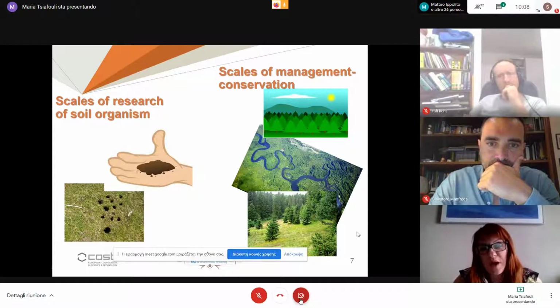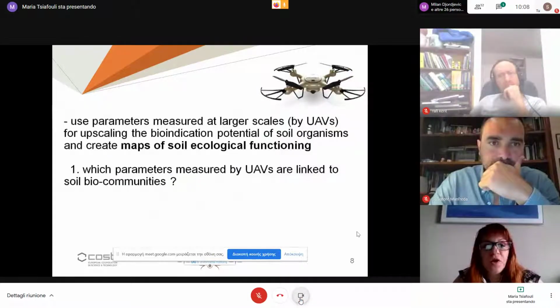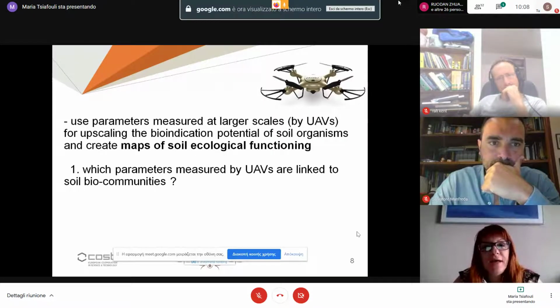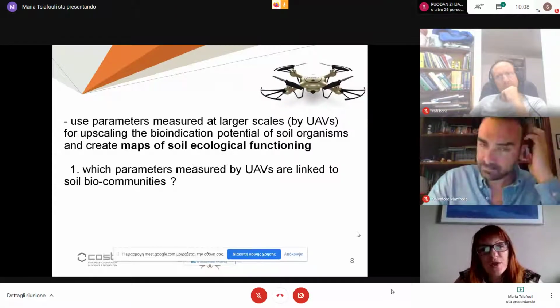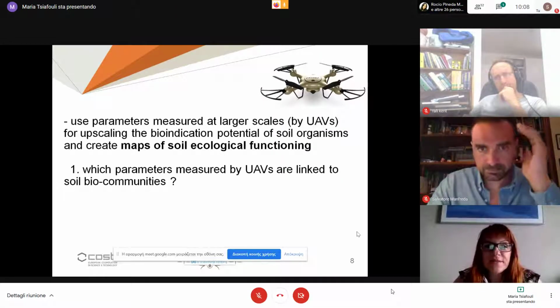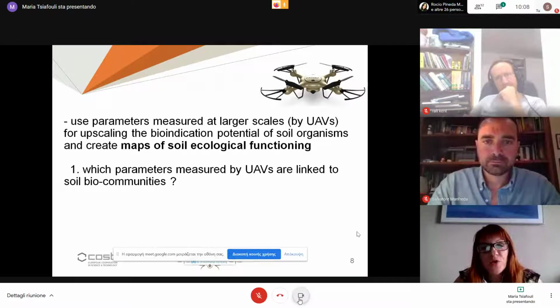And here is where the UAV comes in, because UAVs capture images at a higher scale than soil samples, but this scale is still small enough to allow us to link soil biodiversity to the UAV data.